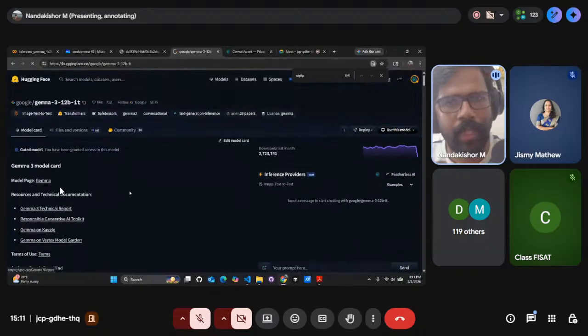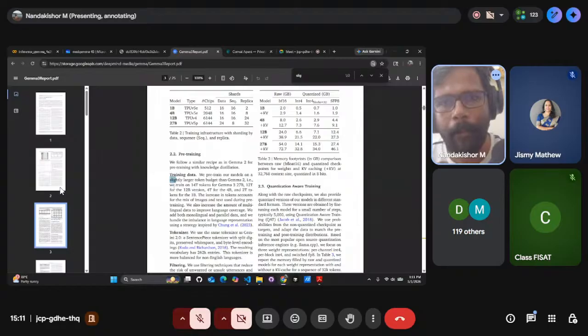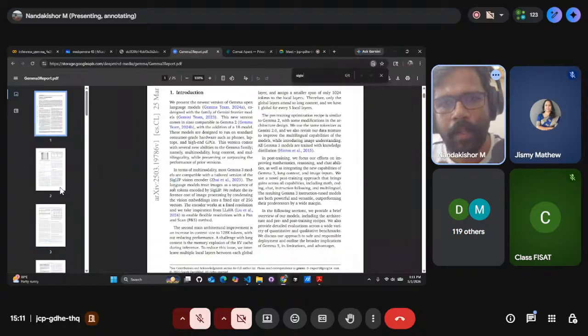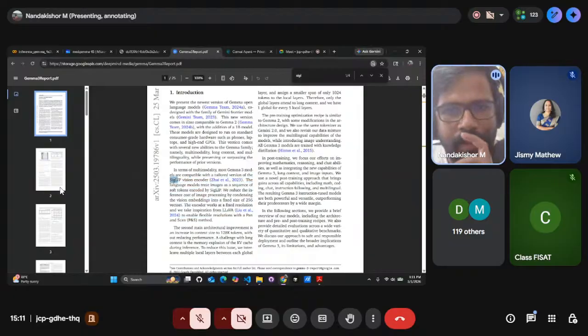If you go to the technical report, you may find it. SigLIP vision encoder: the language model treats an image as a sequence of soft tokens encoded by sigmoid loss for language image pre-training, SigLIP. We reduce the inference cost of image processing by condensing the vision embedding into a fixed 256 vectors.